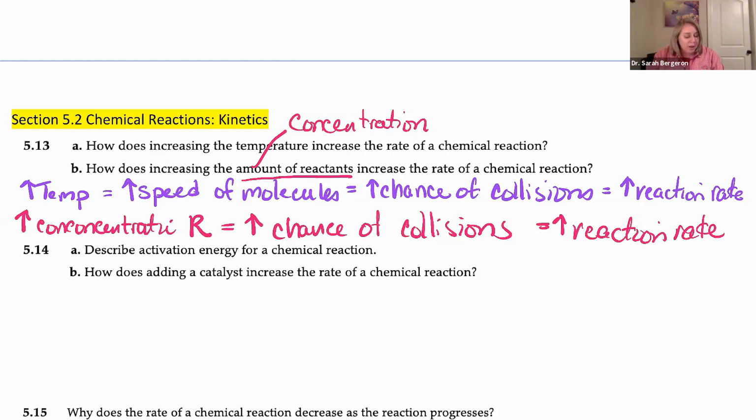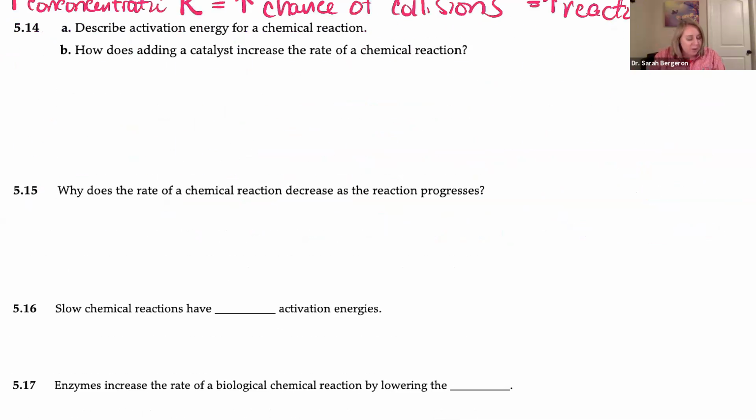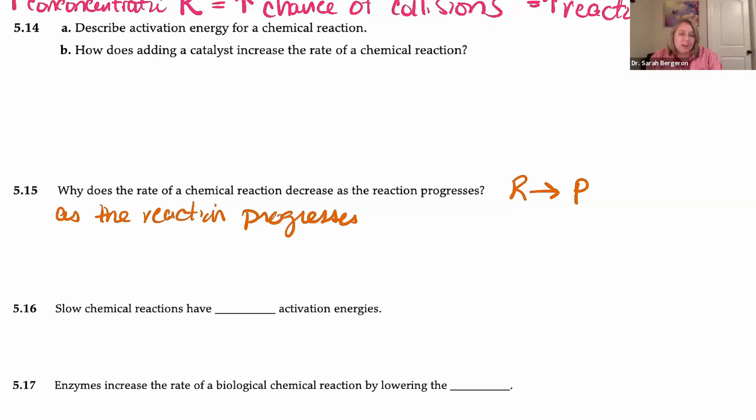Okay, let's see, we're going to go down. Why does the rate of a chemical reaction decrease as the reaction progresses? Okay, so remember, if you have a reaction, it's going from reactants to products. You've got to remember that. So as the reaction progresses, what's going to happen?